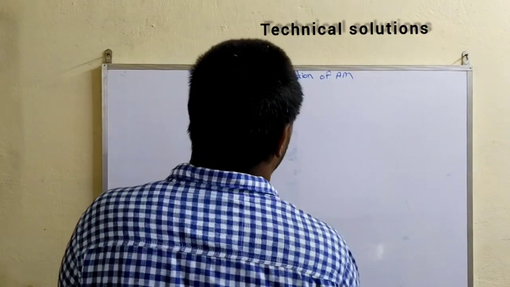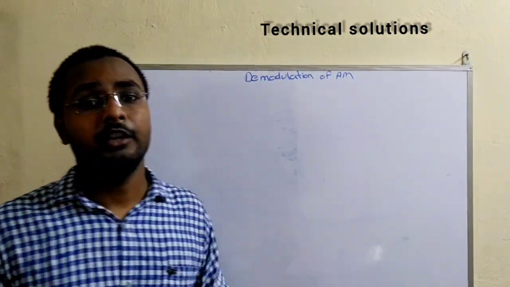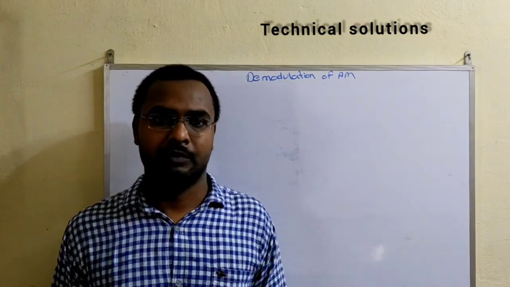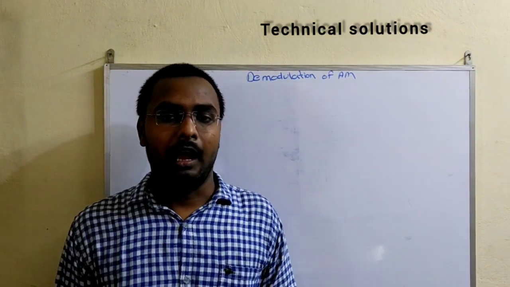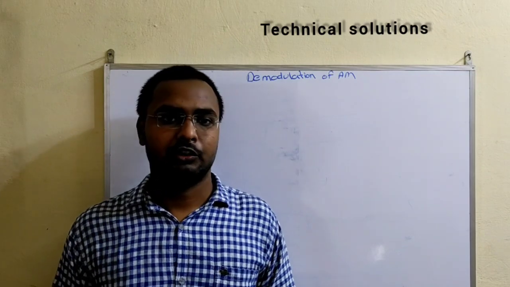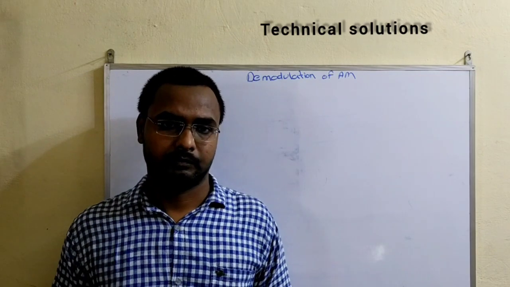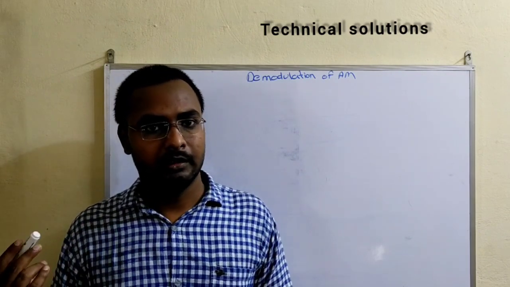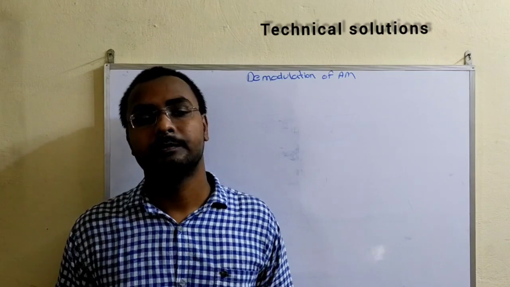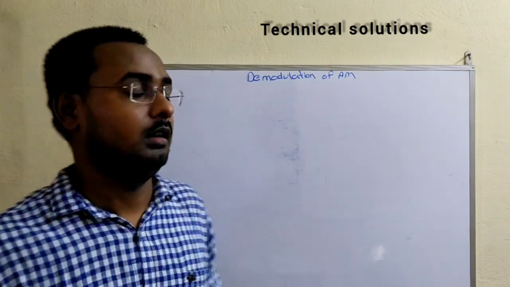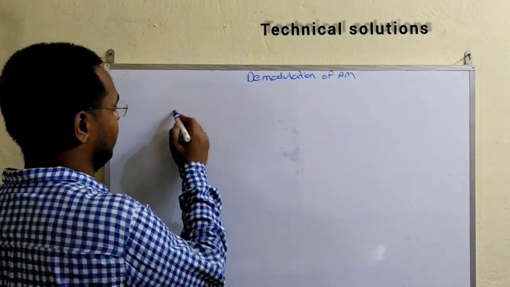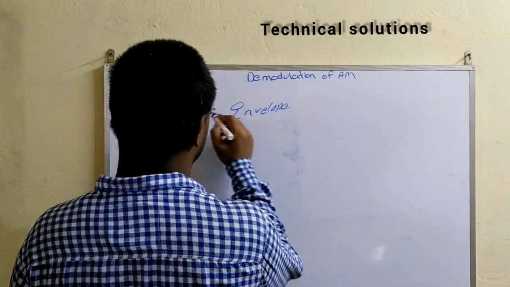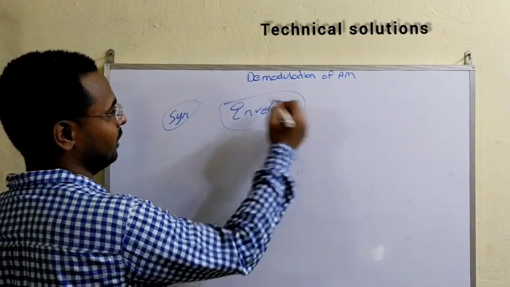When we talk about the application of AM modulation, it is widely used in broadcast networks. We use an AM transmitter. Another reason is that its demodulation is very simple. We cannot talk about the synchronous detector, we talk about the envelope detector. This is not used, this is used.